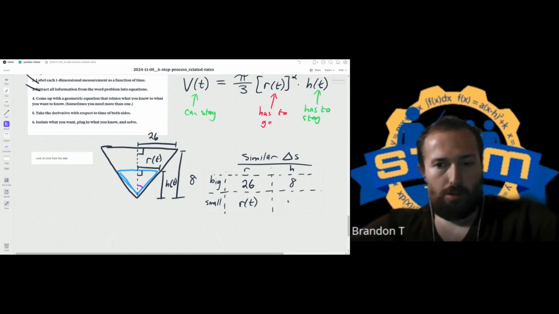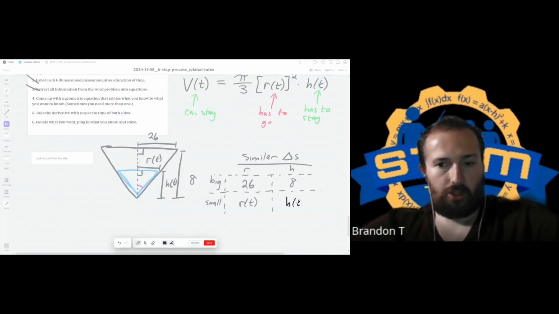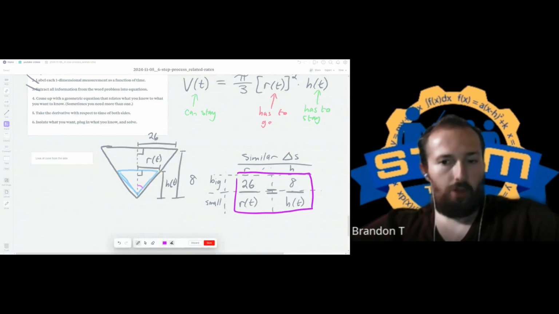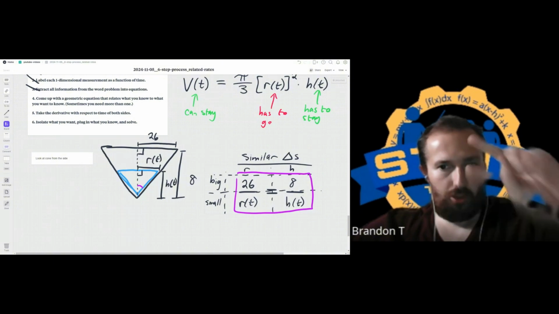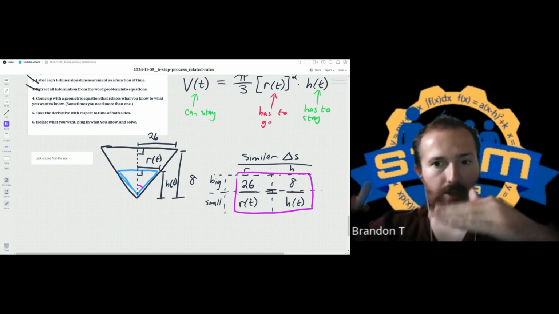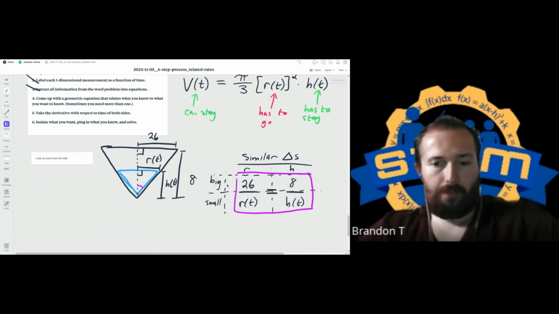That's H of T, the function that changes over time. Then if you just create an equal sign here and then division, now you have your proportionality. Again, there are other ways you could have done it. What you can't do is have one big on top and one small on top and then swap them. As long as you're consistent with how you label things, this will always work.